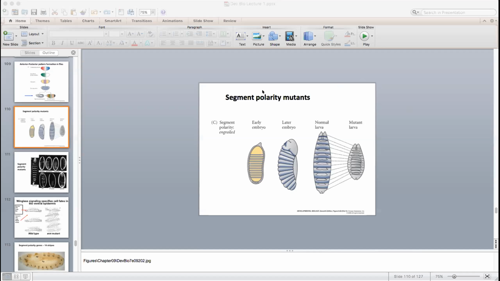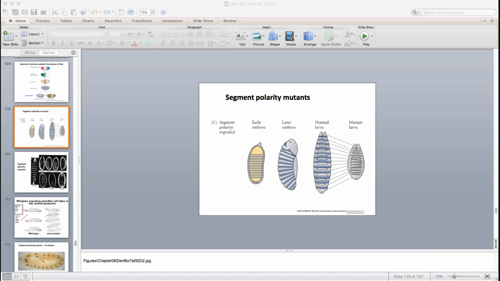So first, they will have specification of each of these cells based on their transcription factors or the different zones that they get divided into. And then once they've been divided, they're going to be determined for what structures they're going to develop.